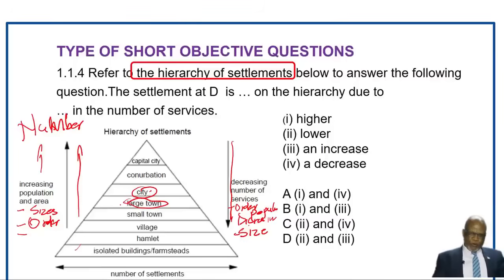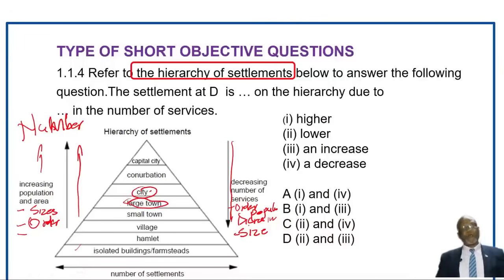When you move up the hierarchy, the number of settlements is going to decrease, but the size is going to increase. And because the size is increasing, the population is also increasing, and the order of services is also increasing when you move up the order.